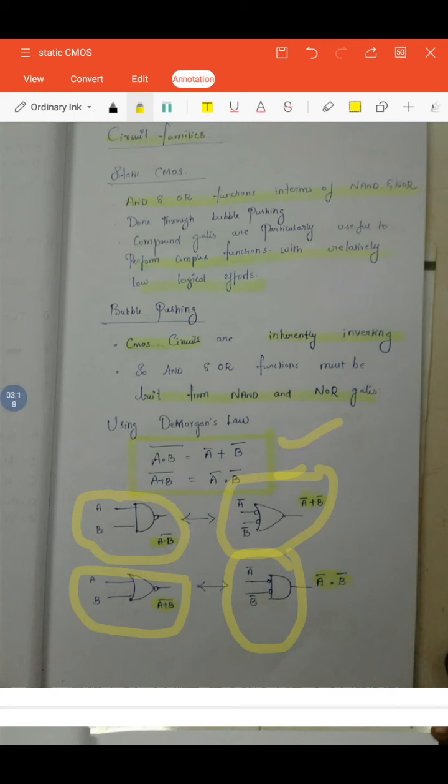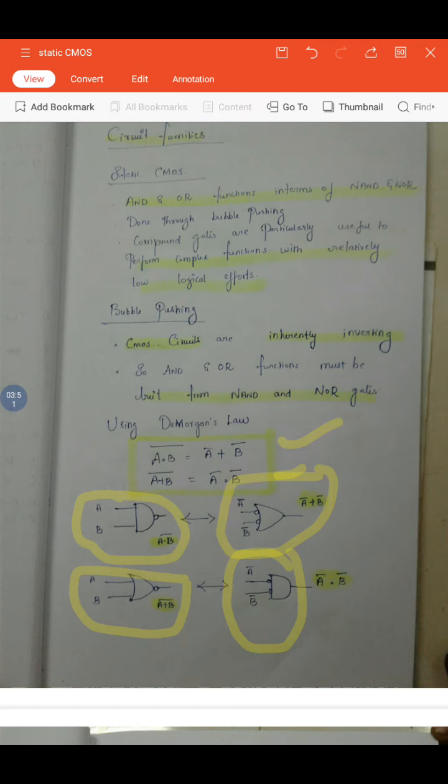It gets inverted inputs A bar and B bar, so we put the bubble at the input side, and finally you get the output as A bar dot B bar. So using De Morgan's law we get the equivalent gates. NAND is equivalent to an inverted input OR gate. Similarly, NOR is equivalent to an inverted input AND gate.